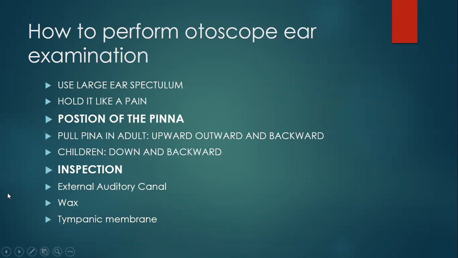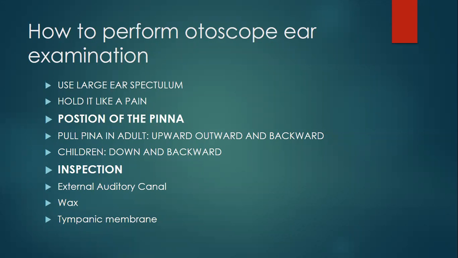So how do you perform otoscopic ear examination? You try to use a large ear speculum, as large as can be fitted in the ear. If the ear is good, then you should use the largest one that you can. How are you going to hold the otoscope? Just hold it like a pen, and then position the pinna.